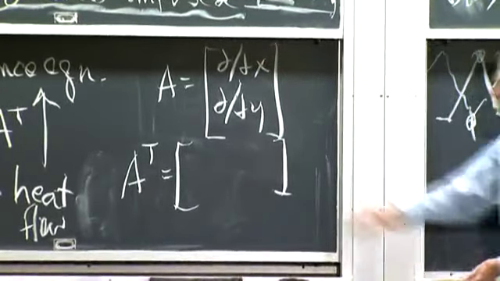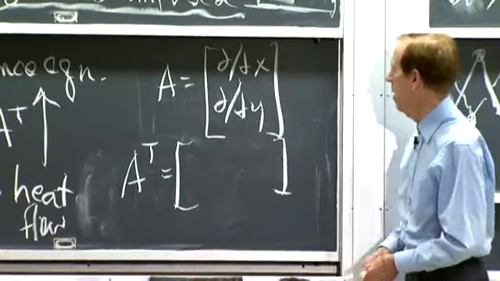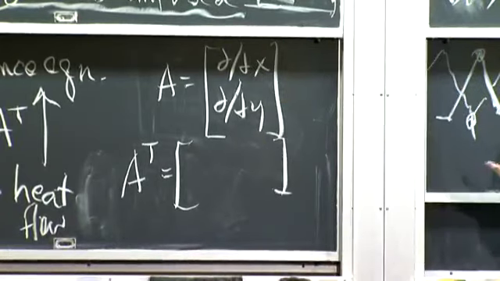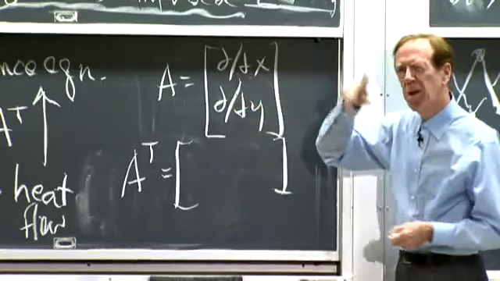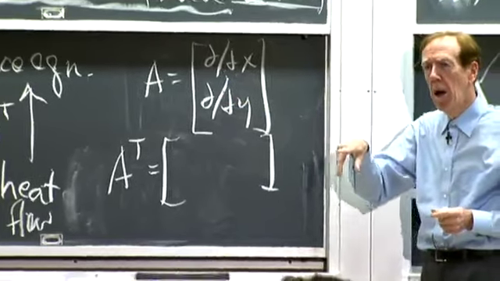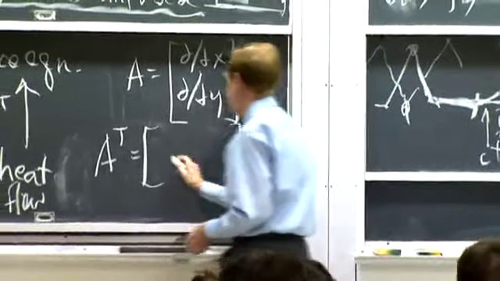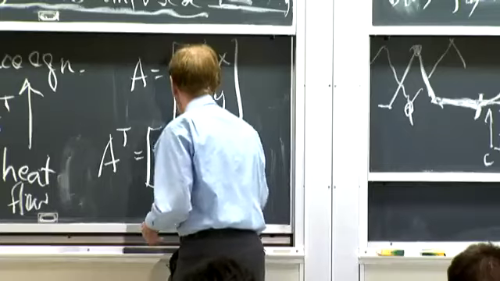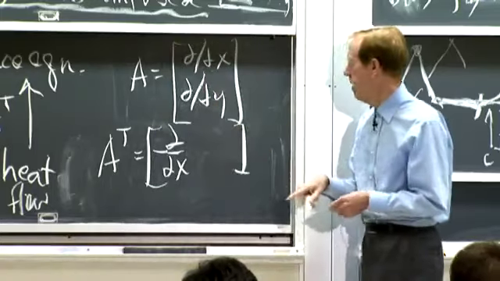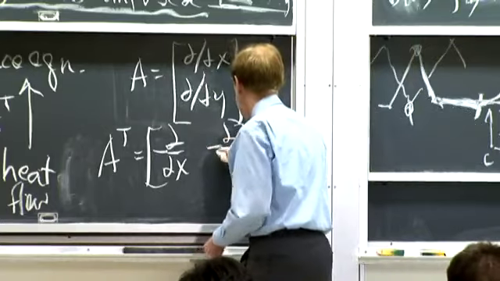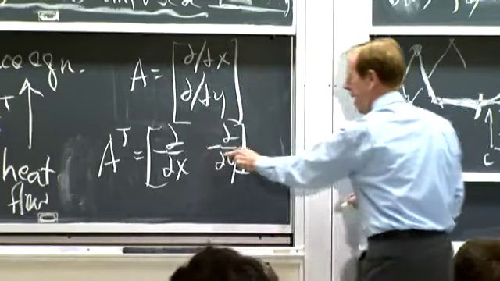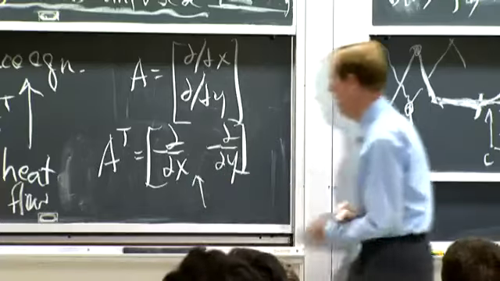And what is the transpose of d by dx? Negative d by dx. And what should be the transpose of d by dy? It should be negative d by dy. Those are two different pieces. This is not run together. There's a big space in there, right?